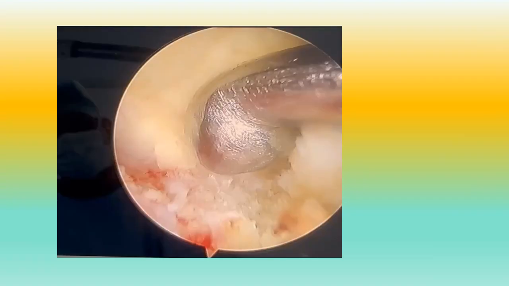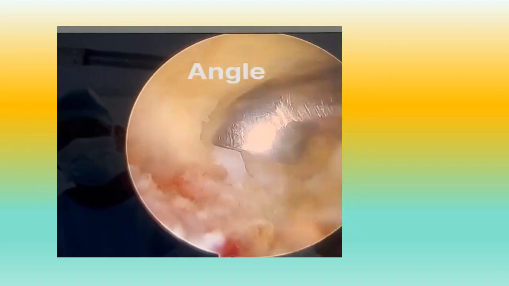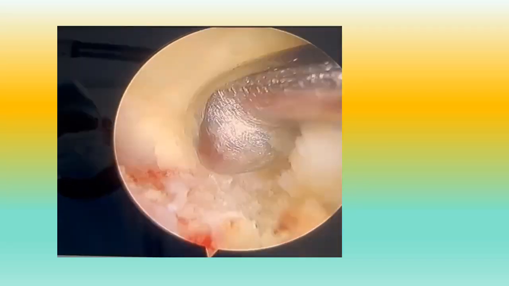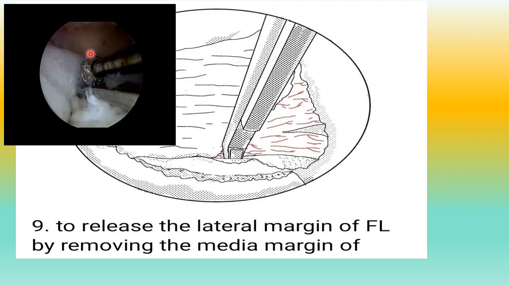You could separate with a curette also this area, the superficial layer is separated. This is how the SAP looks.